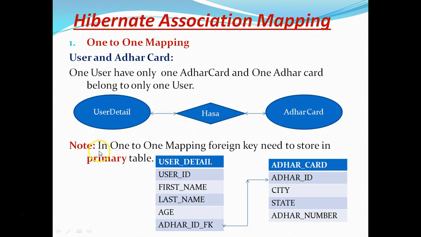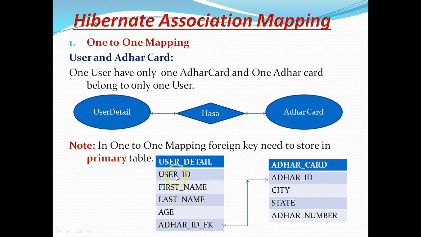One important thing here is that in one-to-one mapping, the foreign key needs to be stored in the primary table. It's a recommendation. Here I have the user detail table and the Aadhaar card table.